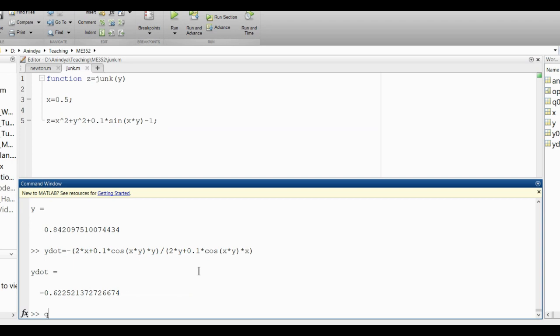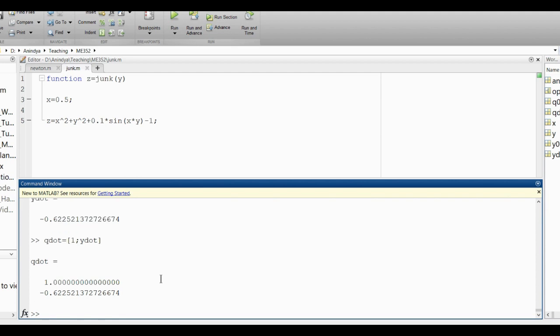Q dot is equal to 1 and y dot, but of course I want it to have unit norm, so I will say v is equal to q dot divided by the norm of q dot, and that is the initial condition for v. And now my full initial condition is q0 v, for the differential equation that I am going to show you.